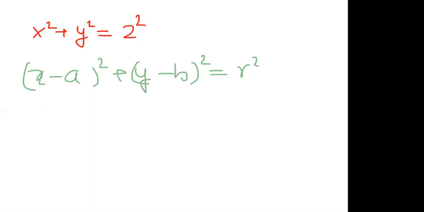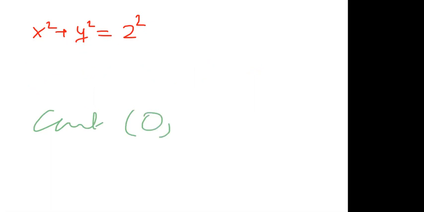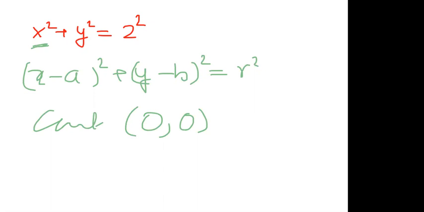After knowing the equation of the circle, we get the idea that its center is (0, 0), because looking at this, (x − 0)² + (y − 0)², and its radius will be 2. So the circle which will form will have center (0, 0) and radius 2.